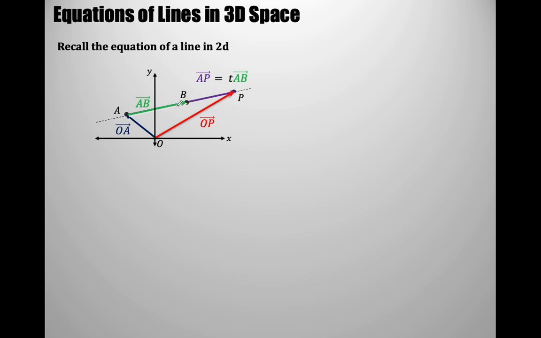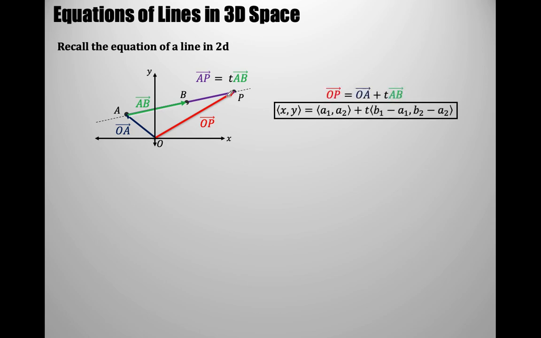And we realized that AP was just a scalar multiple of AB. So then we said our line in 2 space, in vector form, and I can turn that into parametric form by just saying x is equal to a plus (b minus a)t. That was our equation of a line in 2 dimensions.